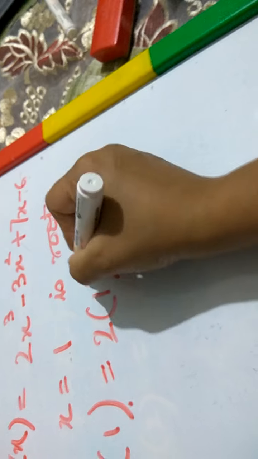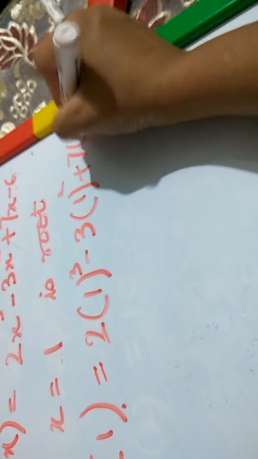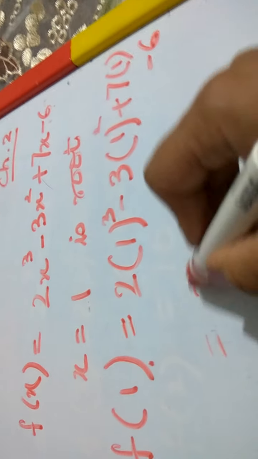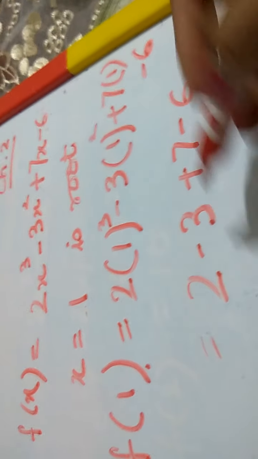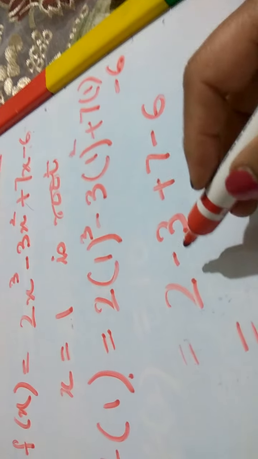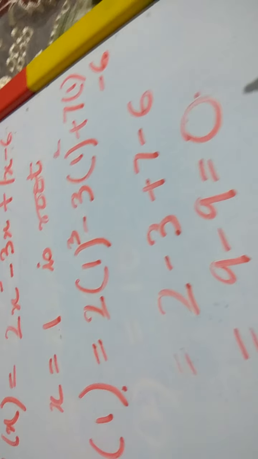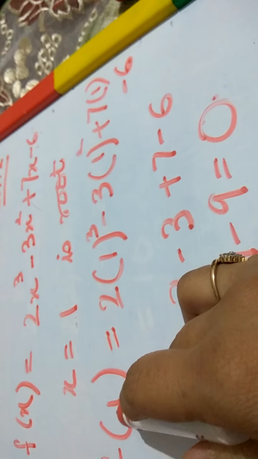So 2 into 1 cube minus 3 into 1 square plus 7 into 1 minus 6. This comes out to be 2 minus 3 plus 7 minus 6, which is 9 minus 9, equal to 0. Thus we see that this value of x is making the whole polynomial 0.